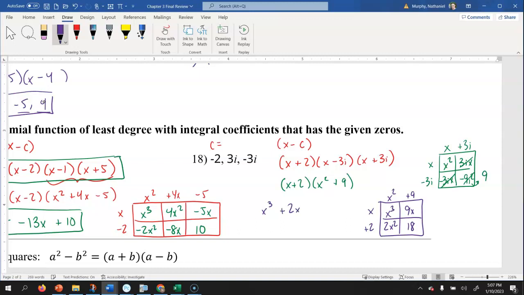This diagonal does not have like terms, so we're going to keep these separate. So we'd have x cubed plus 2x squared plus 9x plus 18 would be the standard form. And again, technically, this would be the factored form. If they ask you to write it in factored form without any imaginary numbers, that would be factored form, and the other answer would be standard form.